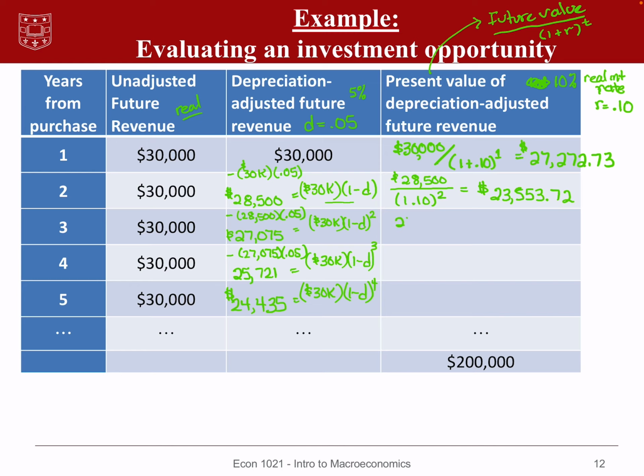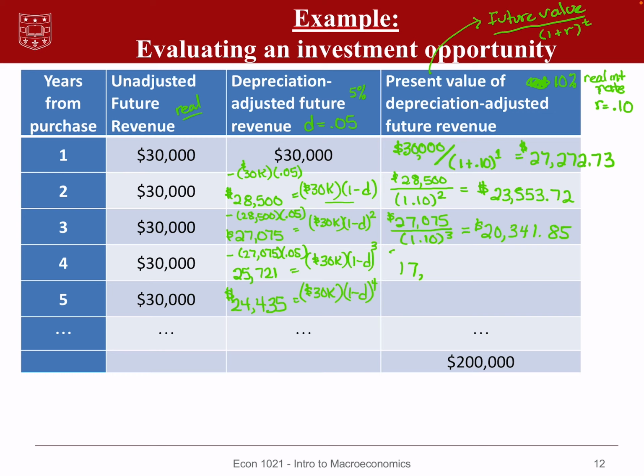And similarly, we could go down this. The number that we would be looking for is $27,075 divided by 1.10 to the 3rd power, because we're going to get that amount 3 years from now. And that number would be, all conditional on me typing numbers into a calculator correctly, say 20,341.85. And then I'll just fill in these other 2 numbers so that you can check that you're doing your math properly.